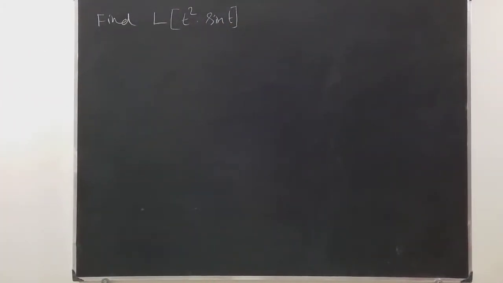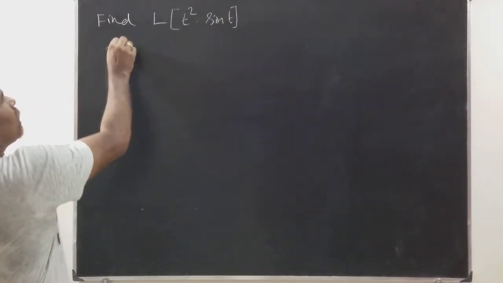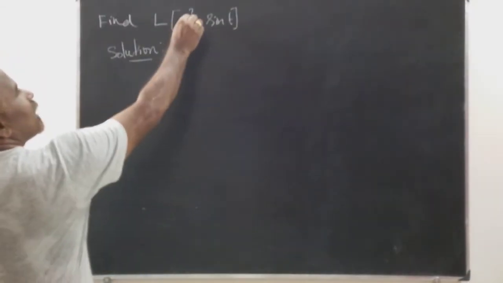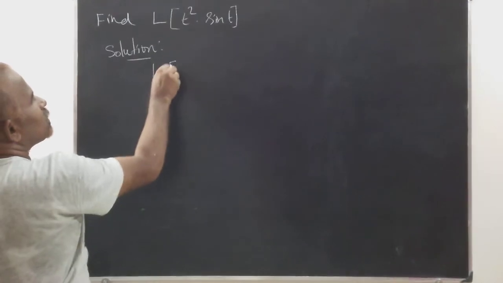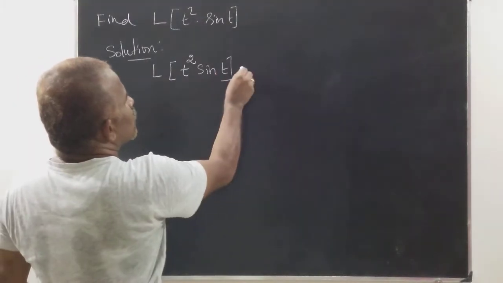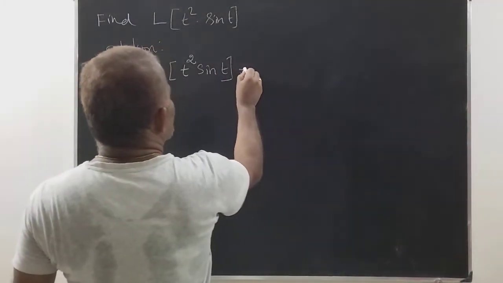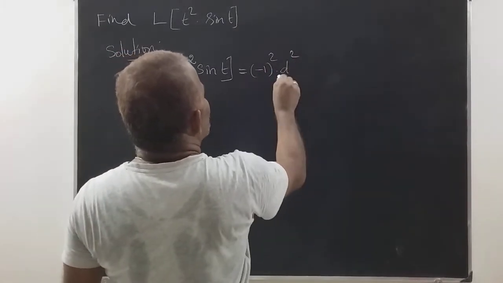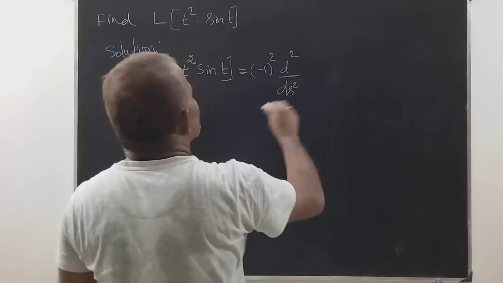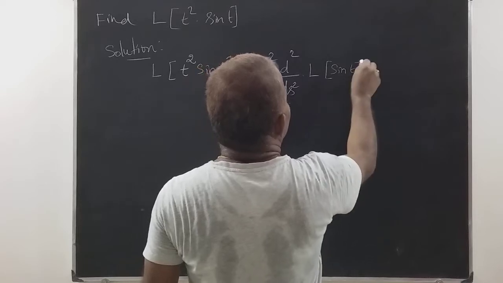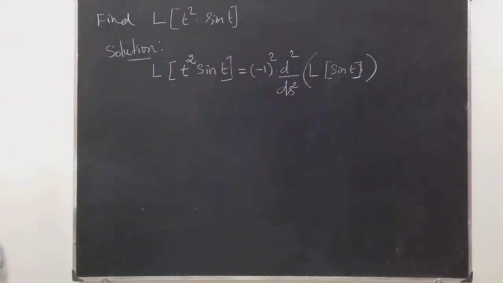Now the solution. Here n is equal to 2. The Laplace transformation of t squared into sin t is equal to minus 1 squared into d squared by ds squared into the Laplace transformation of f of t, where f of t is sin t.